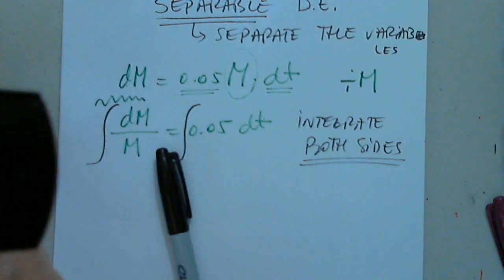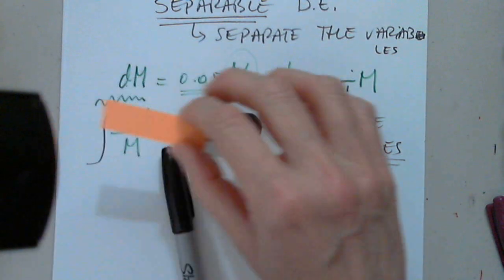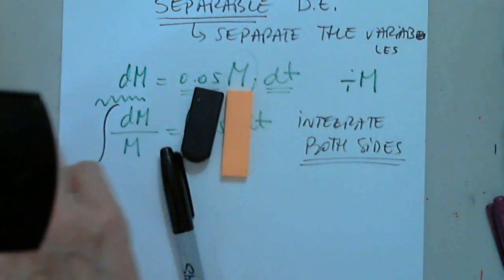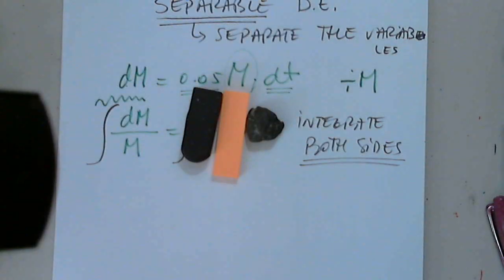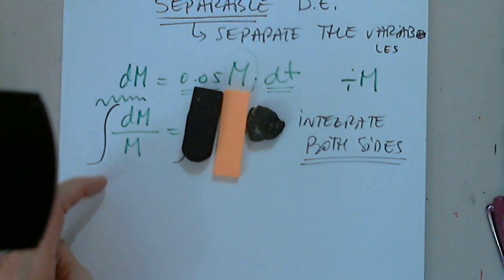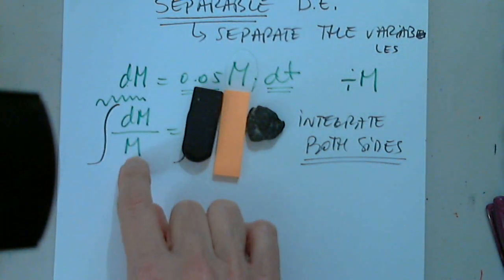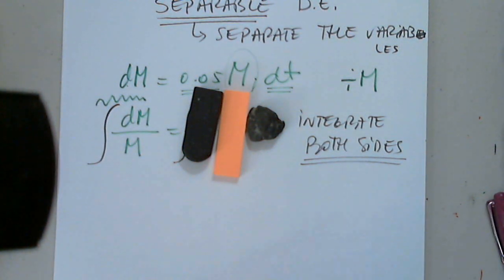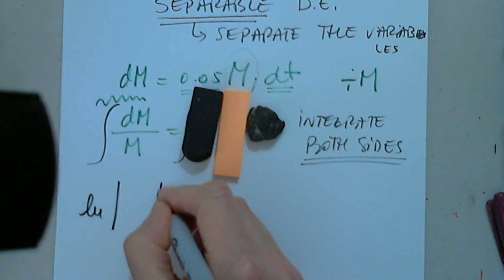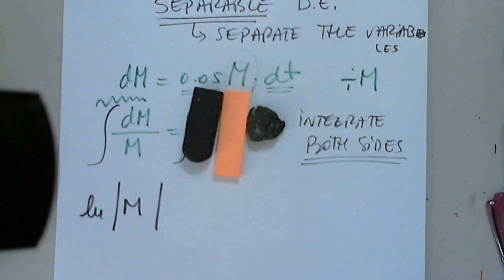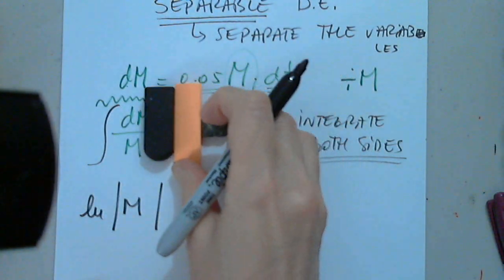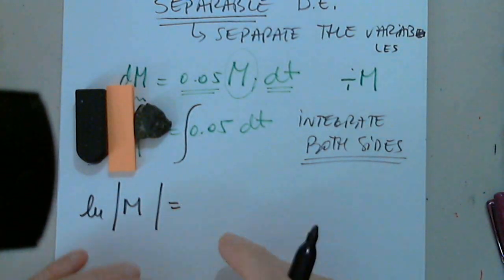Good. So now don't look on this side. Don't look to this side. See, that's why I have all these props. And tell me what to do with this. The integral of dm over m. Which function prime is 1 over m? ln of x. Yes. Don't forget the absolute value, please. It's not ln, but it's natural log of the absolute value. Okay, perfect. Now don't look on that side and tell me what to write here.